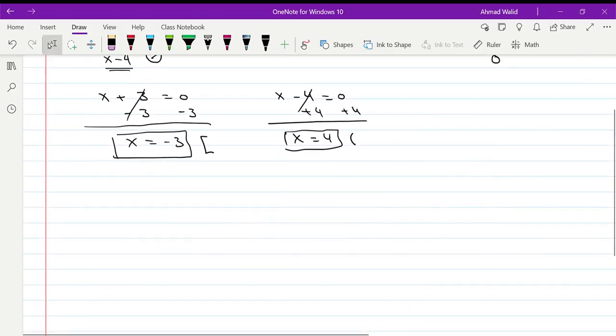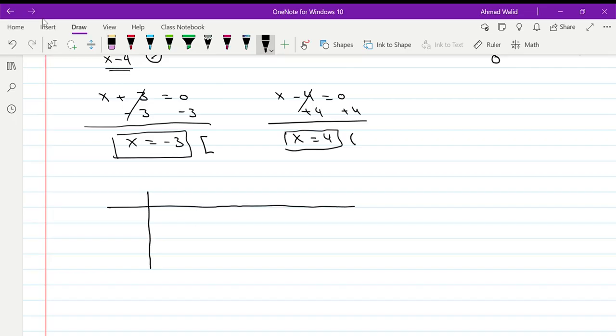Now I found my key points, I'll make my table. How many key numbers do I have? 2. Negative 3 and what? 4. Here, of course, infinity. Here, negative infinity. Here, I will put x plus 3.